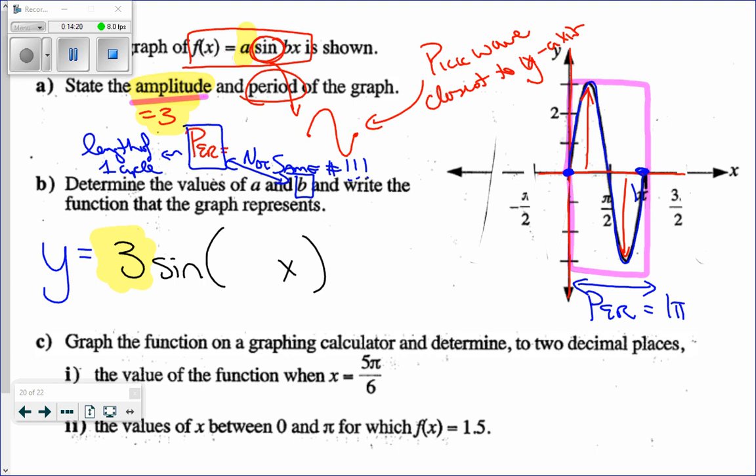Okay. To find the B value, you have to have this formula memorized because it's not on your formula sheet. I don't think it is. Let me double check. Oh, it's on the formula sheet. So on the formula sheet, they give you this formula.